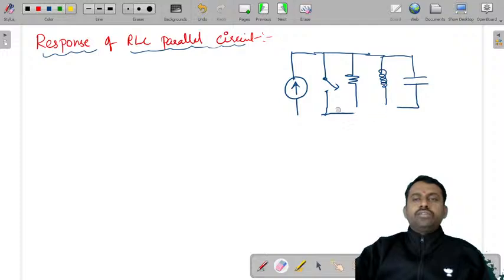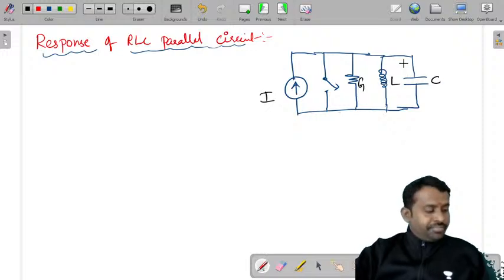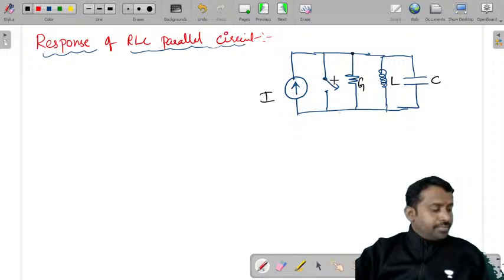Let me write those values. The value of this current, let's take it as I, and this as G, L and C. Conductance we have considered. Let this switch be opened at t is equal to 0.